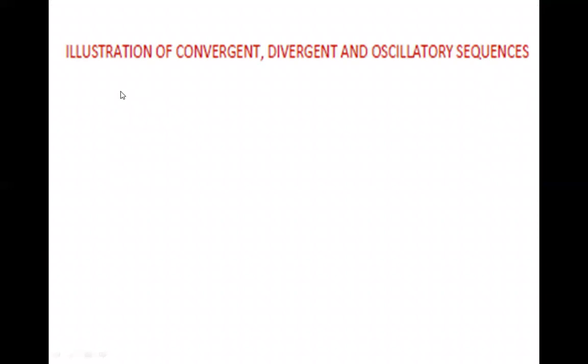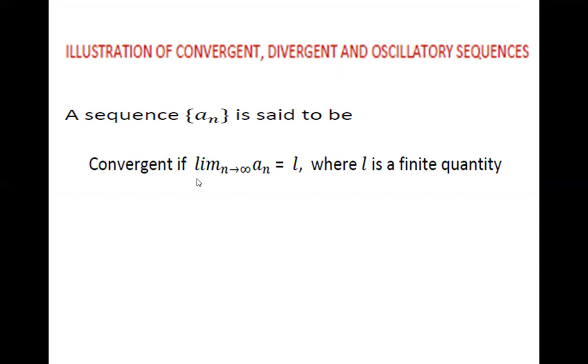Let us discuss the illustration of convergent, divergent, and oscillatory sequences. A sequence a_n is said to be convergent if the limit of a_n as n tends to infinity is equal to L, where L is a finite quantity. It is said to be divergent if the limit of a_n as n tends to infinity equals plus or minus infinity.